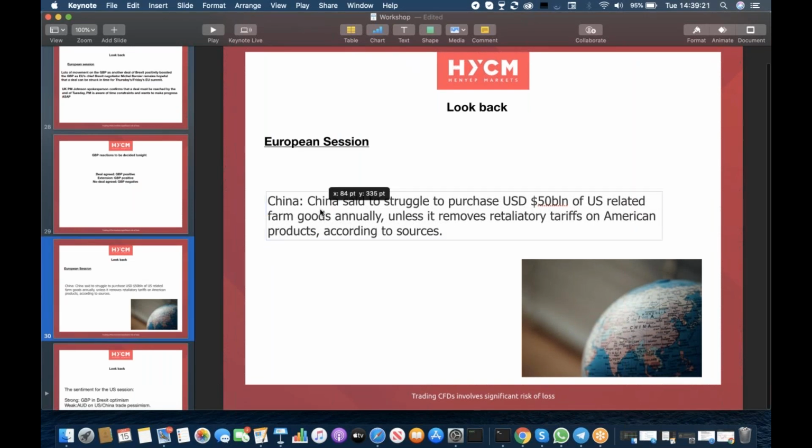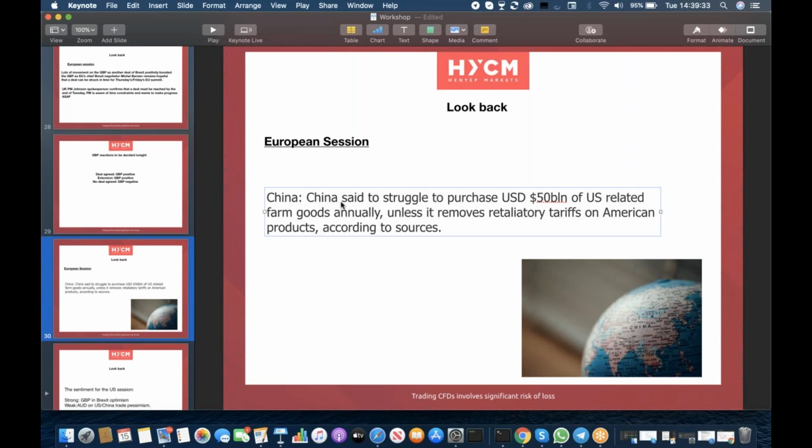Yeah, then we had this headline in the European session, which was interesting because I'd just written what I'd written earlier out. It was from a Bloomberg article I've been reading. And then lo and behold, we had this headline in the European session: China said to struggle to purchase $50 billion of US related farm goods annually unless it removes retaliatory tariffs on American products, according to sources.